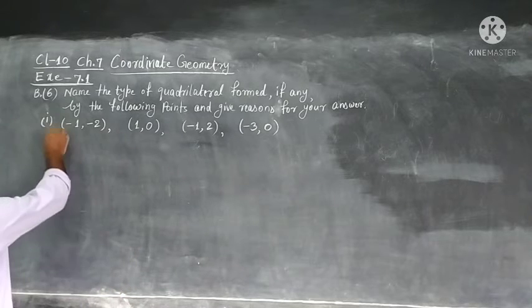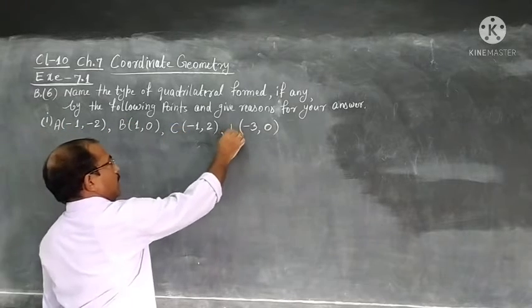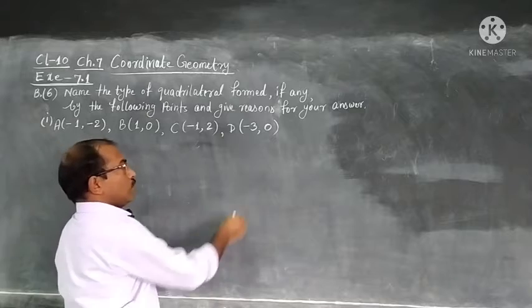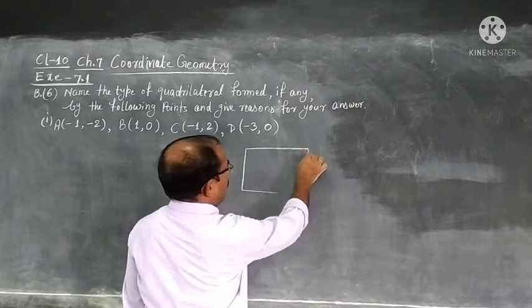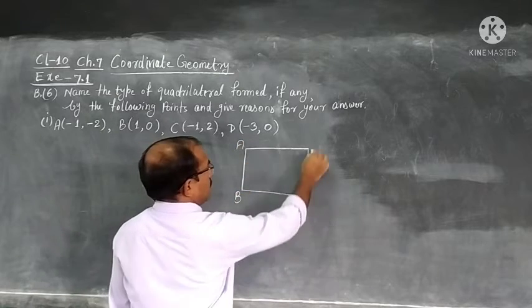Let us name these points A, B, C and D. We do not know which type of quadrilateral it forms, so we just draw ABCD as a quadrilateral.